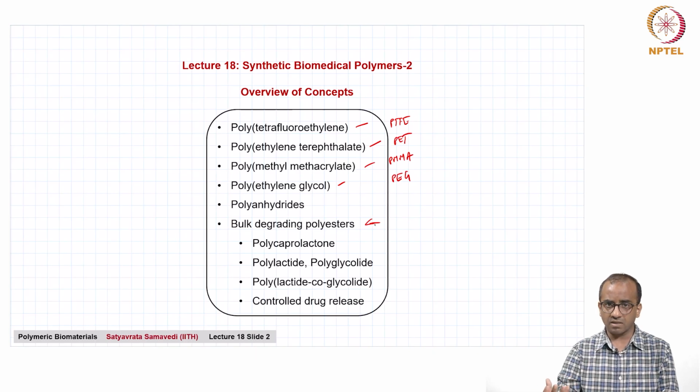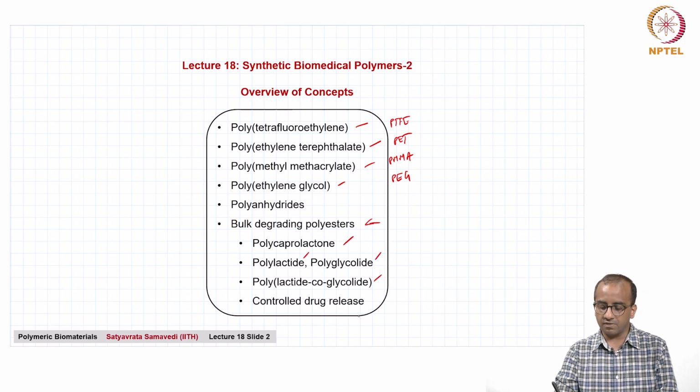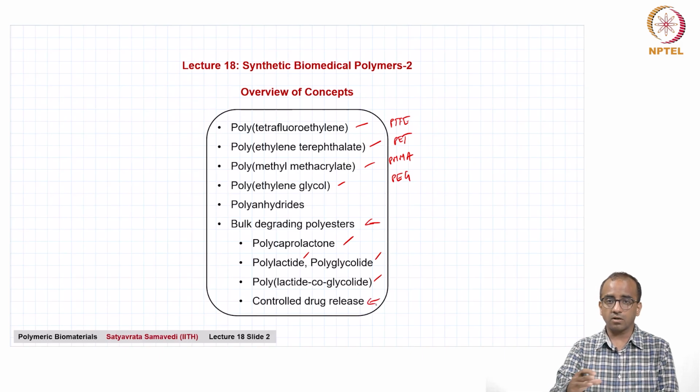Some very popular examples that we have seen so far in the course include polycaprolactone, polylactide, polyglycolide, copolymer PLGA, and then we will end the lecture by looking at one important study where we look at some of these polymers and see how they can be employed for controlled drug release.